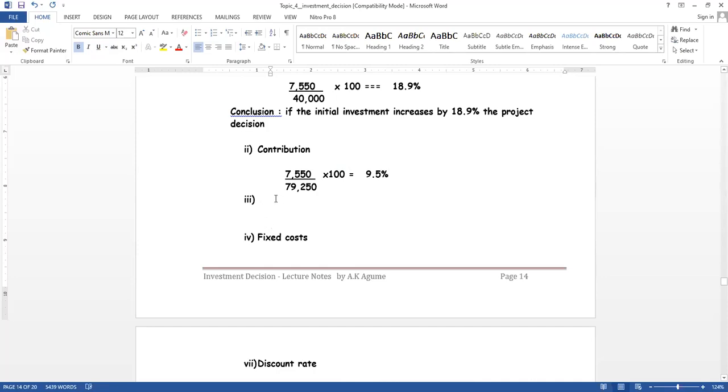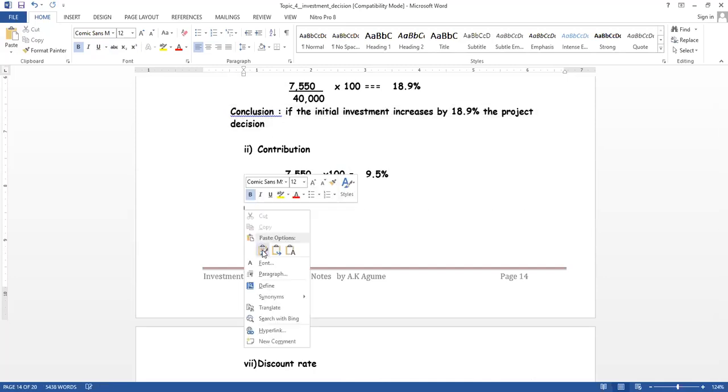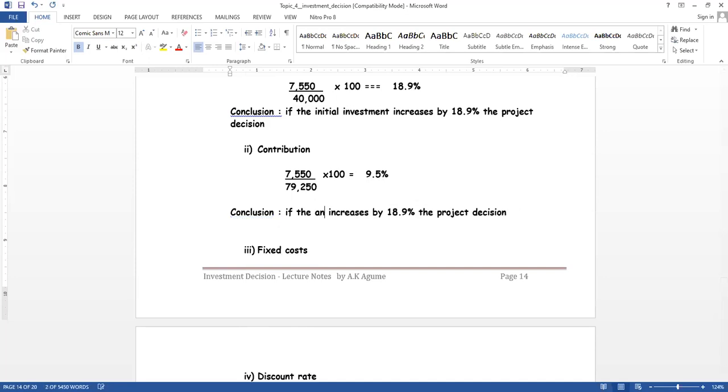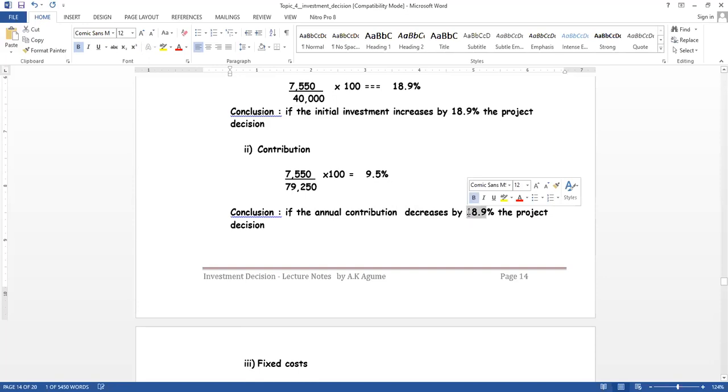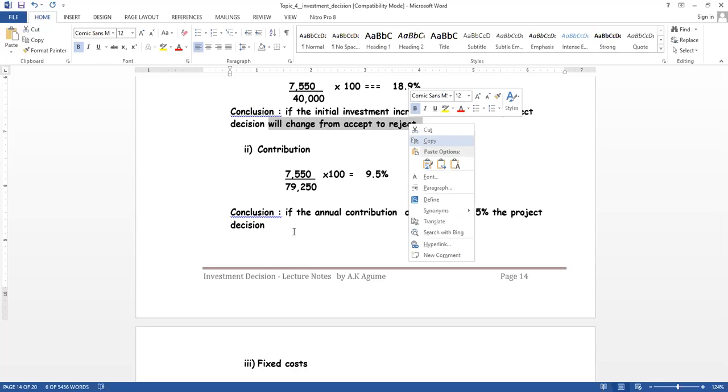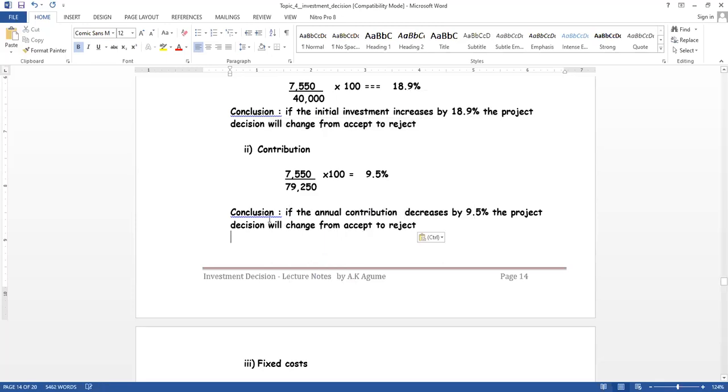Okay. So now what is the conclusion? The conclusion for this is that if the annual contribution decreases, not increasing this time, decreases by 9.5%, the project decision will change from accept to reject, assuming the other variables are constant.